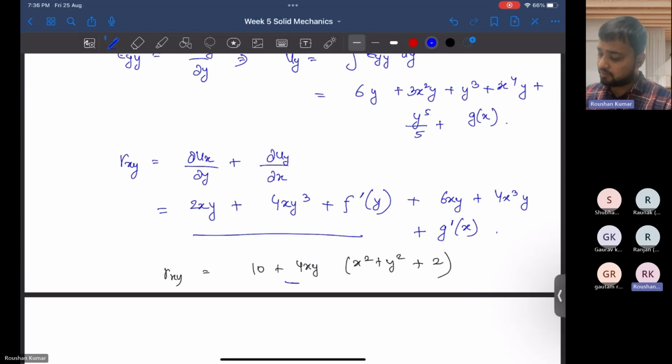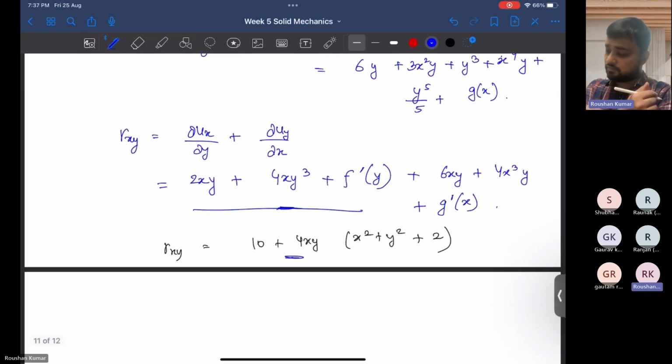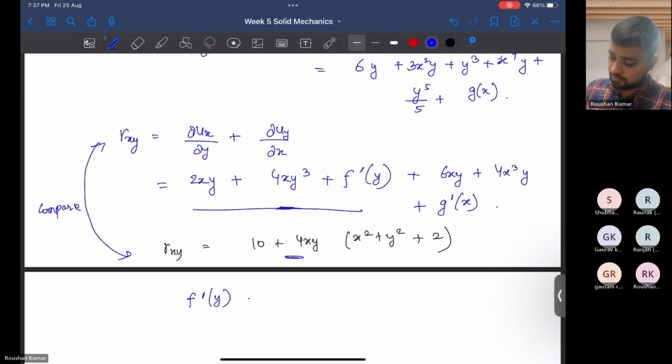So if we compare this equation with this equation, we found that f'(y) plus g'(x) equal to 10, which gives us f'(y) equal to 10 minus g'(x).